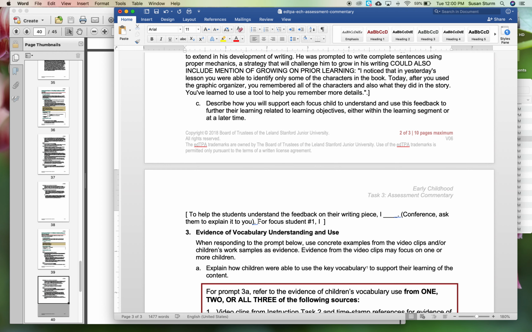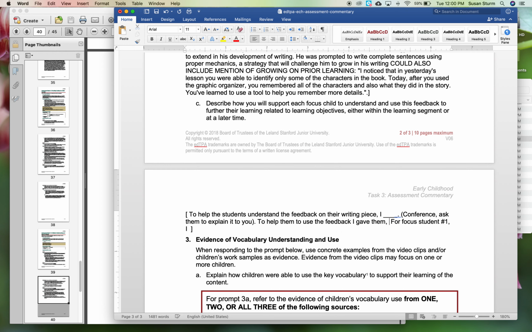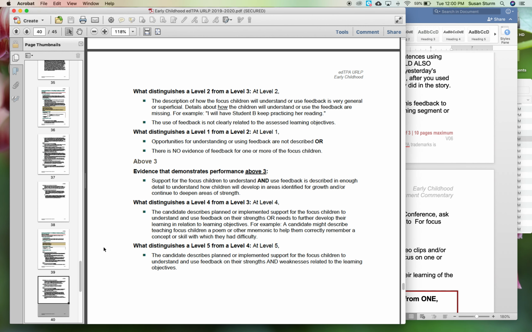So to help the students understand the feedback, I conference with them. To help them to use the feedback I gave them, how can you have them use? Teaching the focus children a poem or another mnemonic to help them correctly remember a concept or a skill.